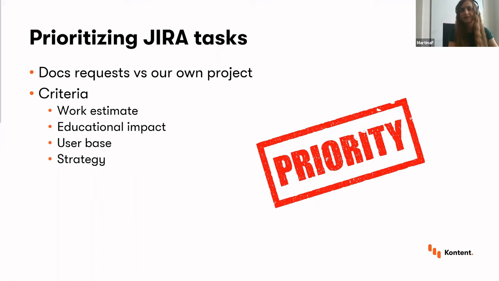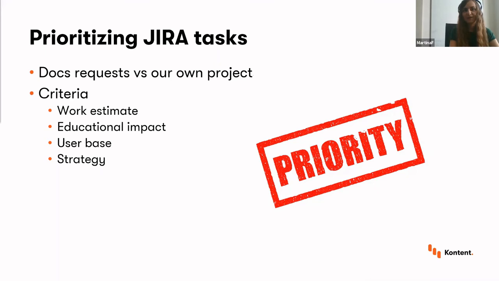At first, we tended to give a higher priority to the requests for documenting new features, simply because that was the way we used to do it before. We made sure all the new features were documented, and then if there was any time left, we worked on our own projects. And this might come as no surprise, there was usually no time left for our own tasks.